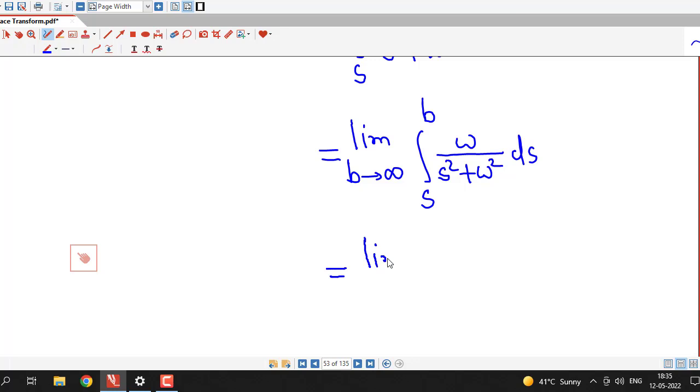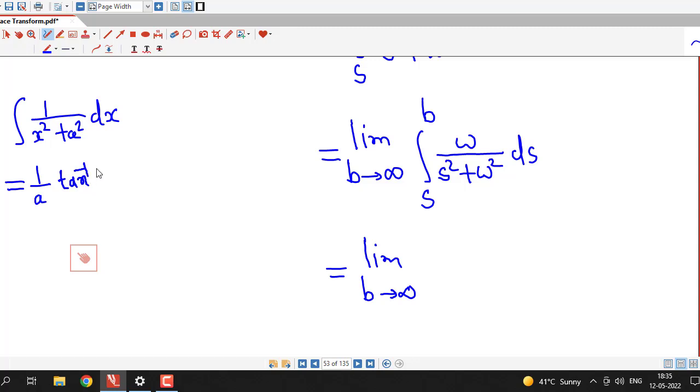We know the formula for the integral of this type of function. We have a ready-made formula for the integral of 1 over x square plus a square with respect to x. This integral is 1 by a times tan inverse x by a, and if we have a multiplied in the numerator, then we will have just tan inverse x by a.